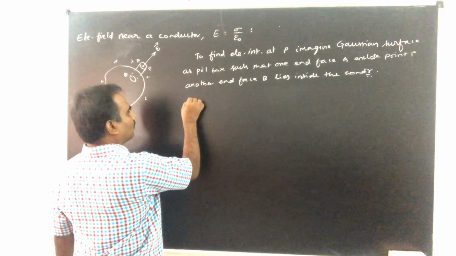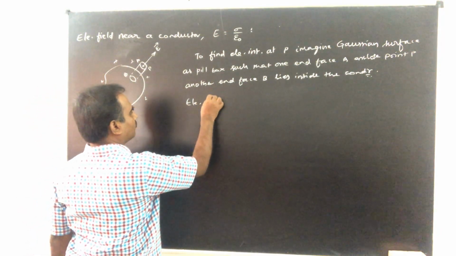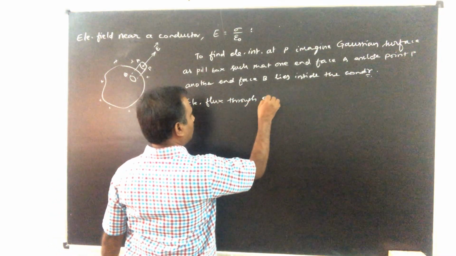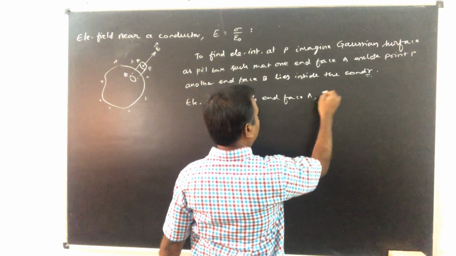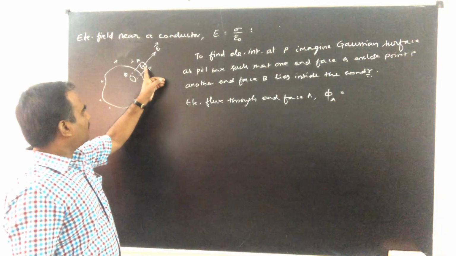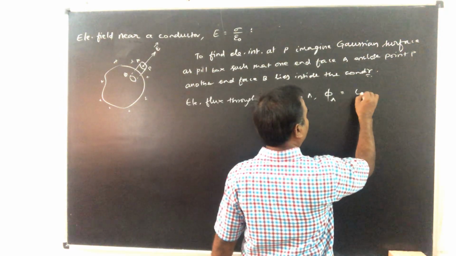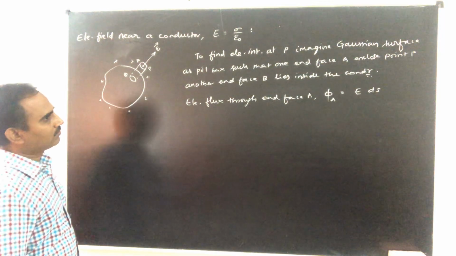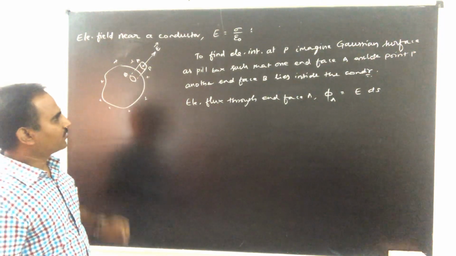Now you find the flux through this pillbox. Electric flux through end face A, phi A, is given by E ds, where ds is the area of this end face.